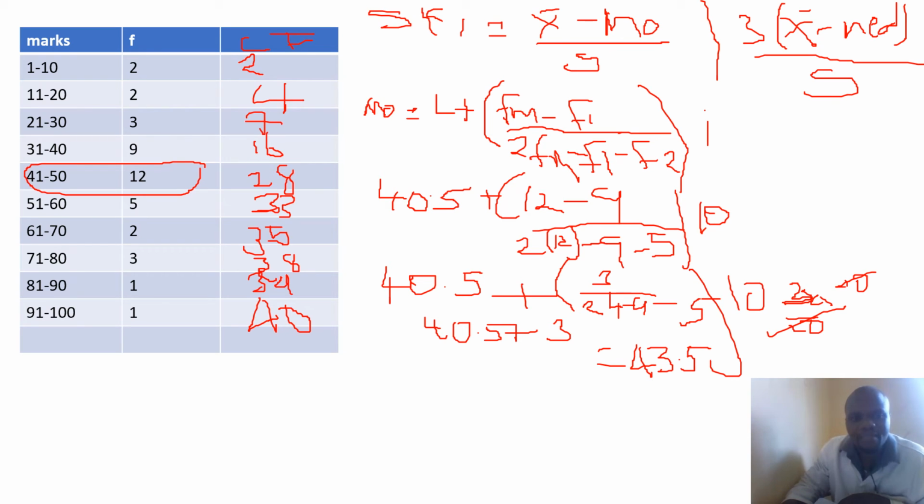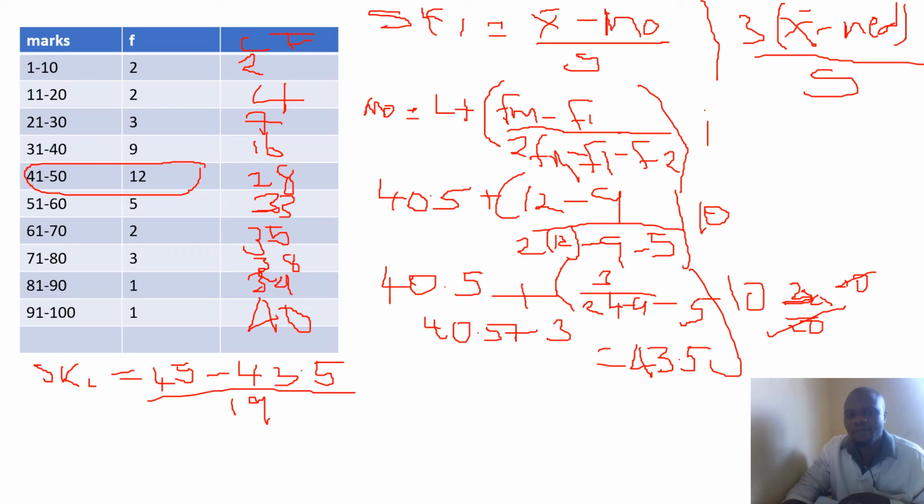So using the Pearson, our skewness SK using the mode will be equal to our mean, which we already got as 45, then we subtract 43.5, and then we divide this by our standard deviation, which we have gotten as 19.49.